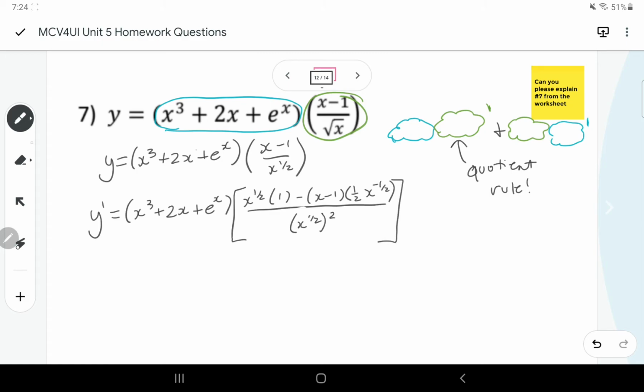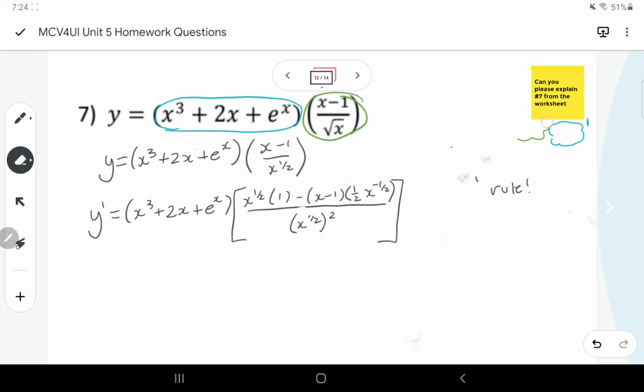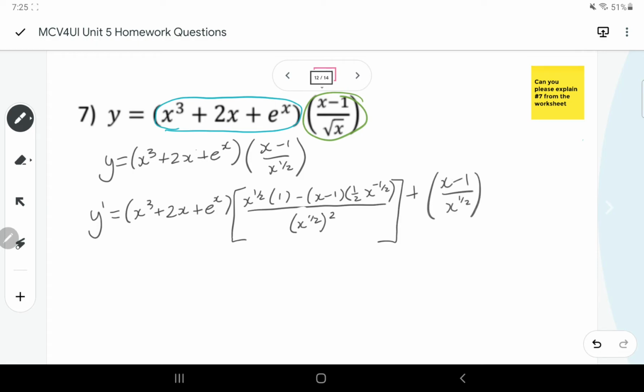So that gets a little bit messy. Of course, I'm just going to erase this thinking, planning part. Now we have the second piece. So this same thing, x minus 1 over x to the 1/2 times the derivative of the first, pardon me.